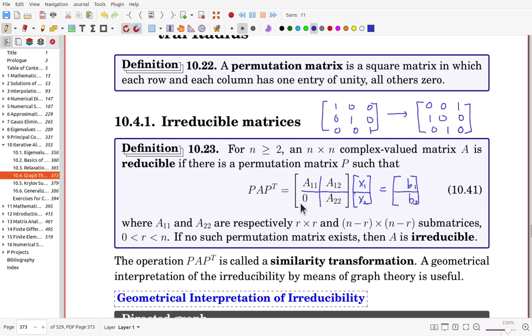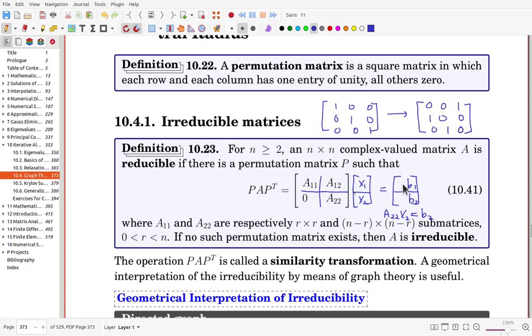When we solve this problem, the bottom portion gives the algebraic equation A22 X2 equals B2. So we can solve this for X2, and by using X2, we can then determine X1 by solving the top portion.